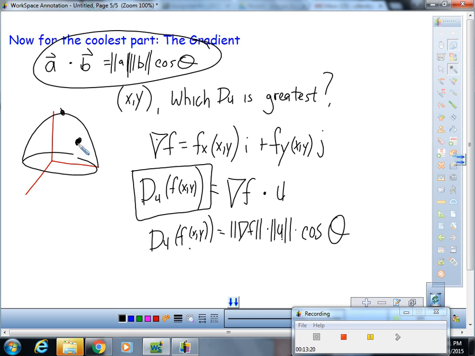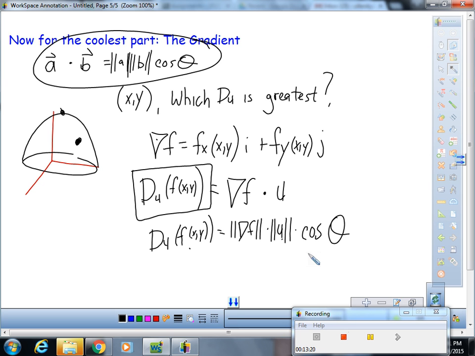Well, that's going to be when theta is 0. Okay, and that just means that we want our unit vector and our gradient to be in the exact same plane. And that's what the gradient does. When we find it, it is already in the same plane.